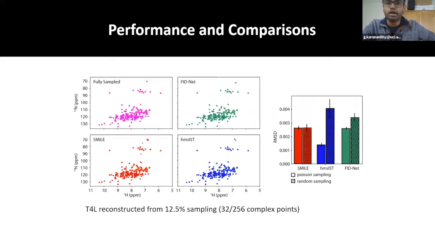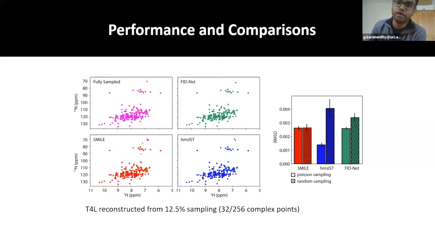Another example, which is a bit more challenging, you have a few more peaks, is T4 lysozyme. In this case, FIDNet is slightly worse than the other two. It's similar to SMILE with Poisson sampling, worse than SMILE with random sampling, and better than HMS-IST with random sampling.